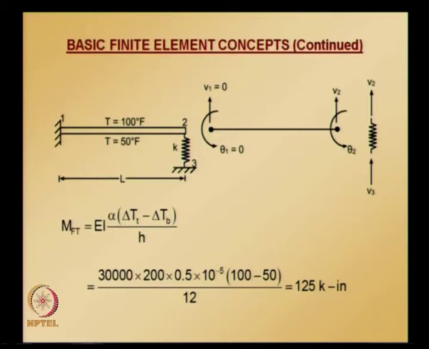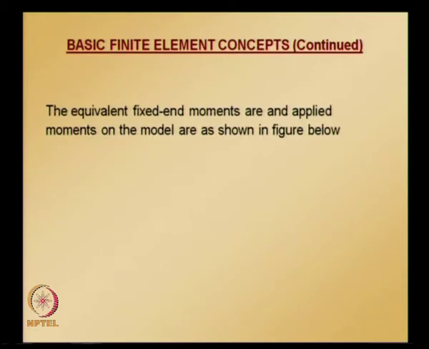Now we can write the element equations for the beam element. The stiffness matrix is similar to what we derived earlier. Substituting all the quantities, that is Young's modulus, moment of inertia and length of the beam, into the stiffness matrix that you already have for the beam element, we get the element equations for the beam.